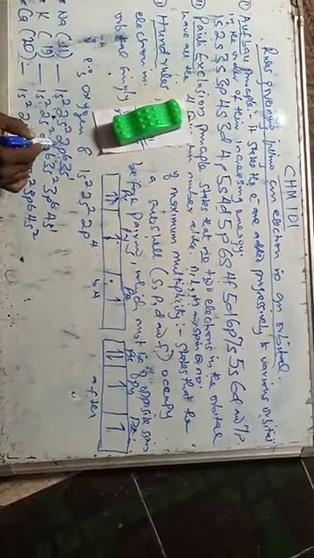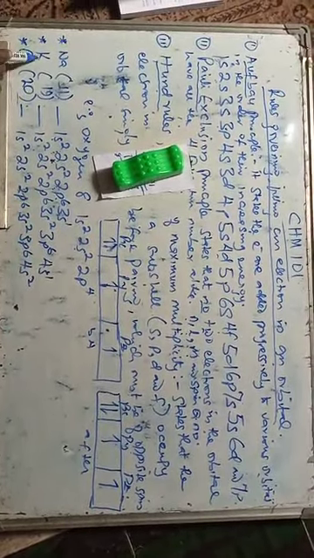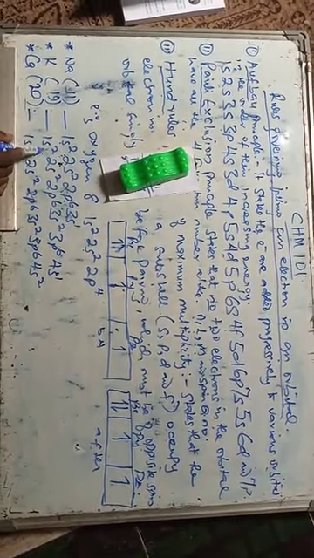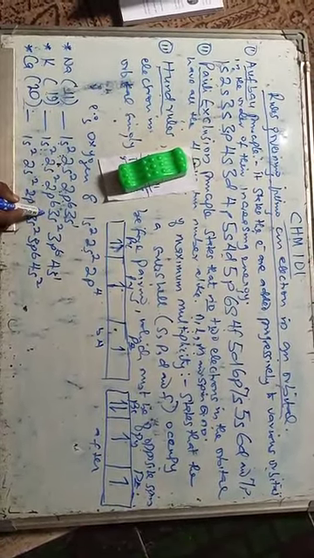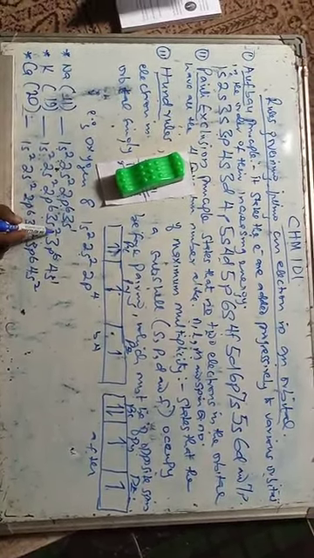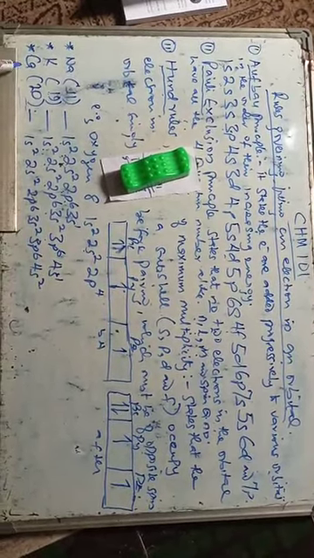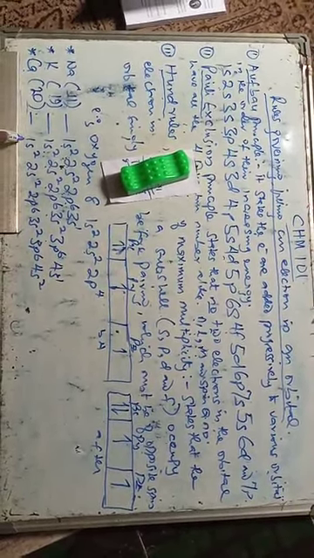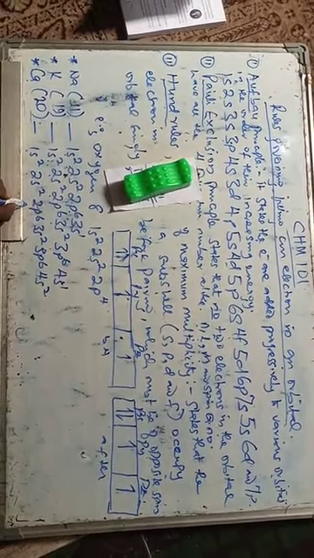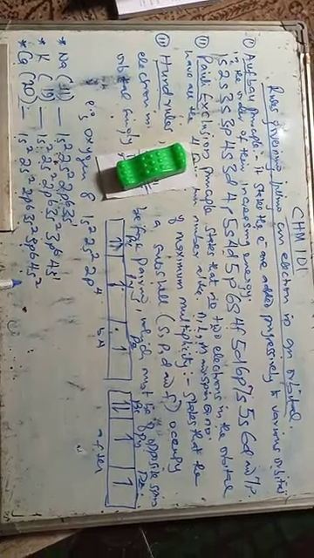Now we come to potassium. The atomic number of potassium is 19. You have 1s2, 2s2, 2p6, 3s2, 3p6, that is 2 plus 2 plus 6 plus 2 plus 6, and 4s1. Altogether, we have our 19. And we'll now go to calcium, which is 1s2, 2s2, 2p6, 3s2, 3p6, and 4s2.